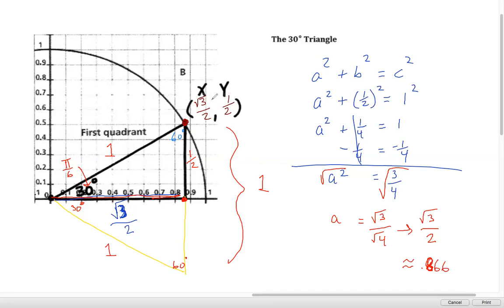Okay? The order will be important because next when we move on to 60 degrees, you'll see that it's just flip-flopped or reversed. So the unit circle coordinate value of pi over 6 or 30 degrees is √3 over 2 for x, comma, 1/2 for y.